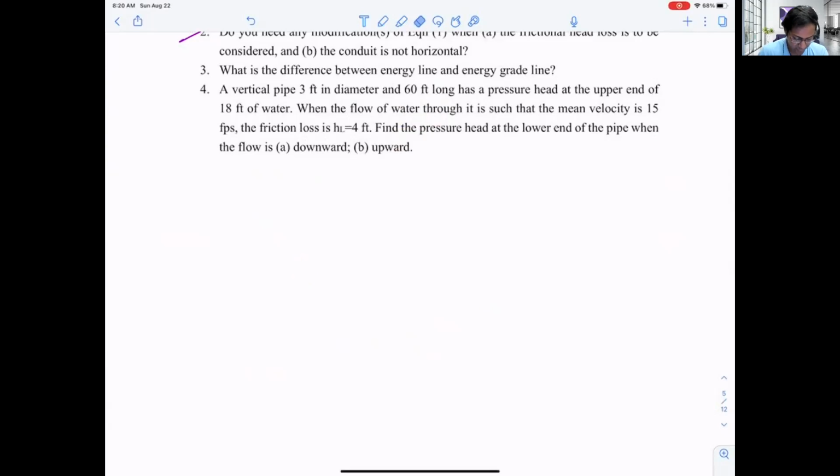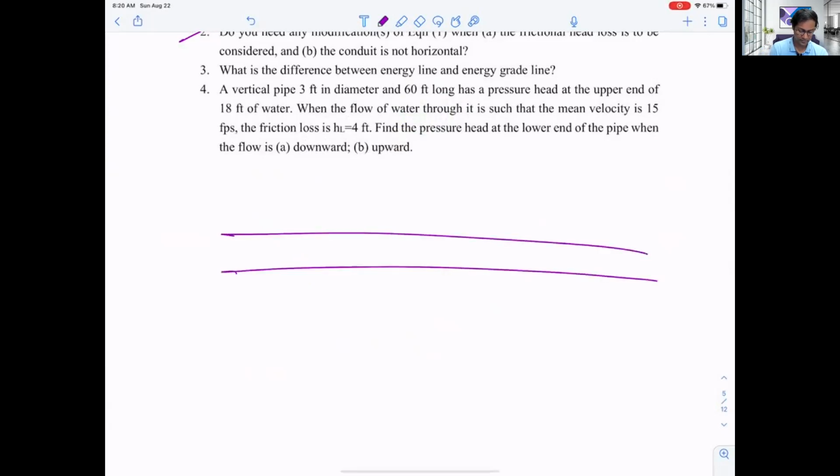And what is the difference between the energy grade line and the hydraulic grade line? I already mentioned that one, right? If we consider the total head, that will be the energy grade line. And if we consider only the pressure head, the piezometric level, that will be the hydraulic grade line.